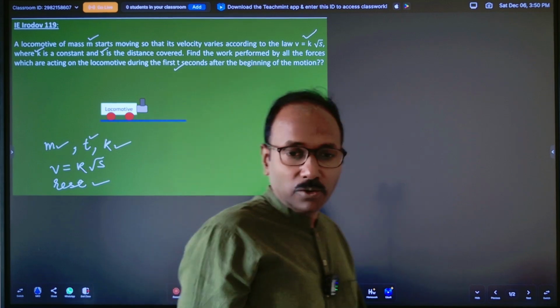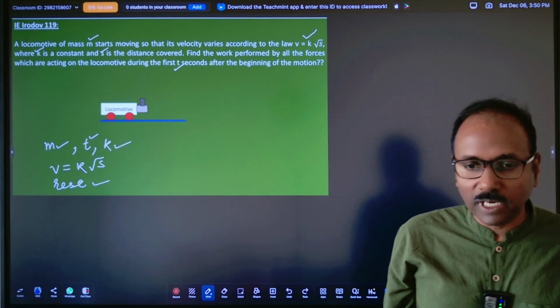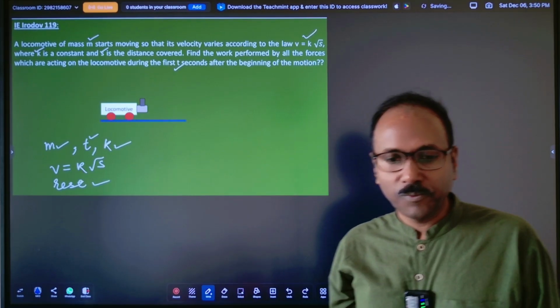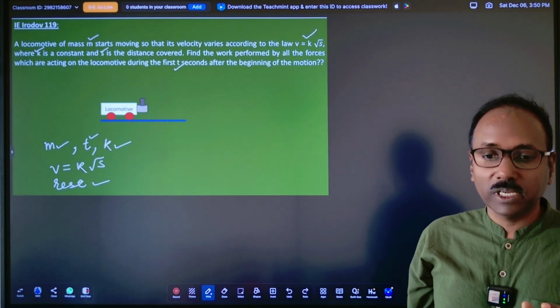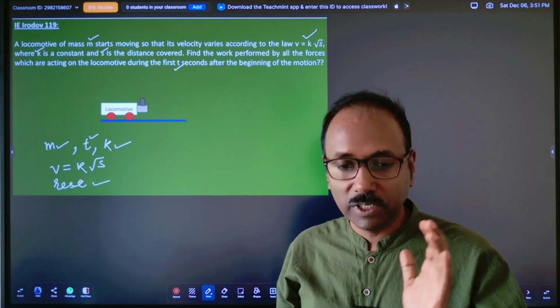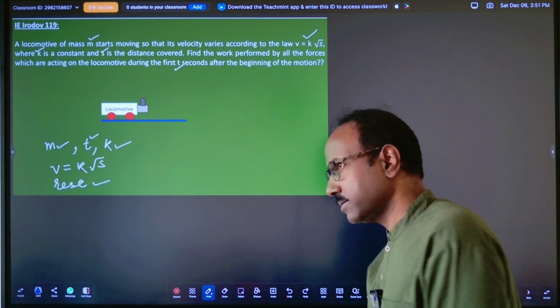So if the locomotive is at rest and then the forces start working on it, the net force which acts on the locomotive will move the locomotive in the direction of the force, since the locomotive is starting from rest. So what does it mean?